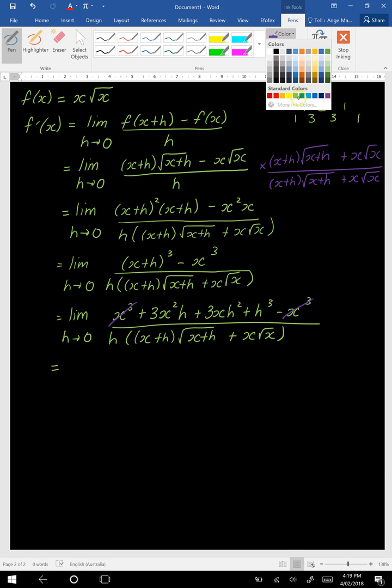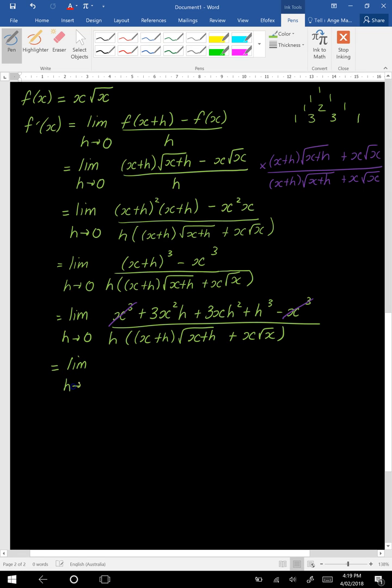Pull out my common factor of h on the top line. So that becomes 3x squared plus 3xh.